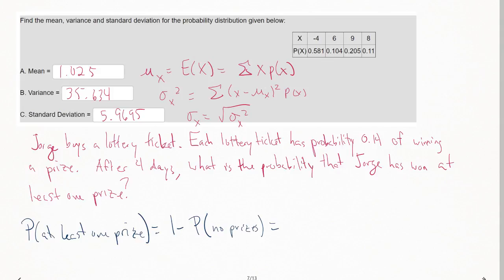Okay. So first off, the probability of no prizes for 4 consecutive days. This would be at least one prize in 4 consecutive days.